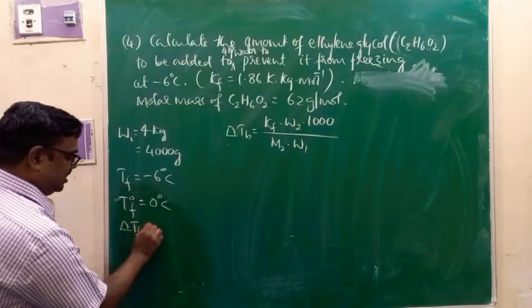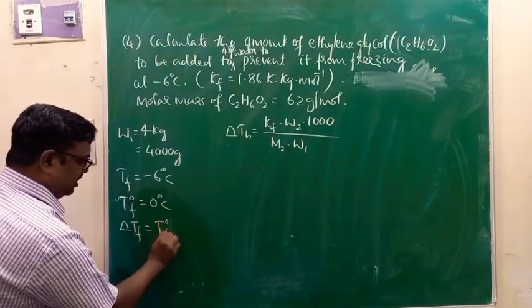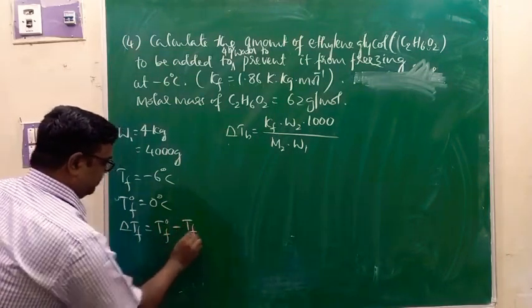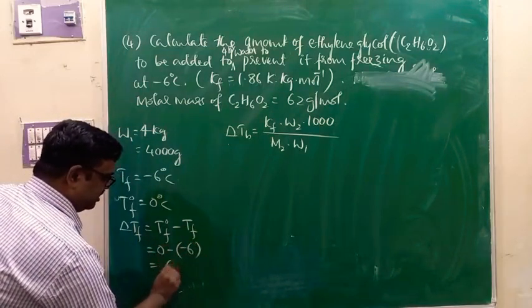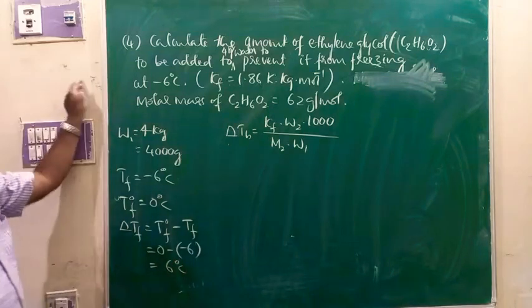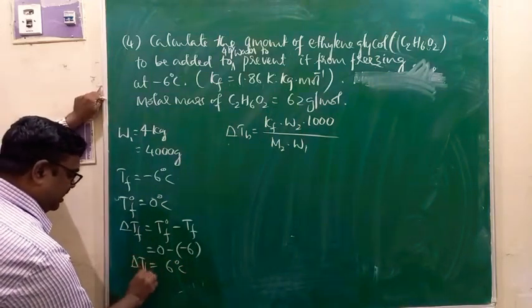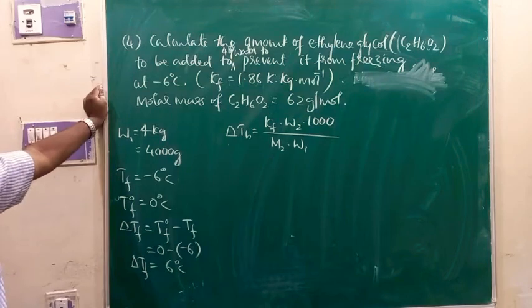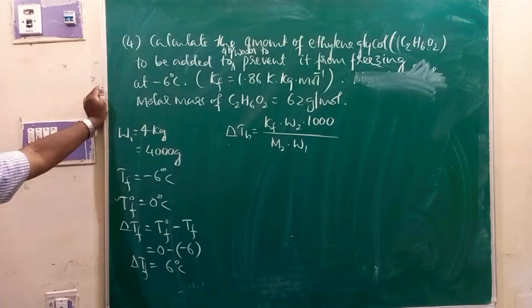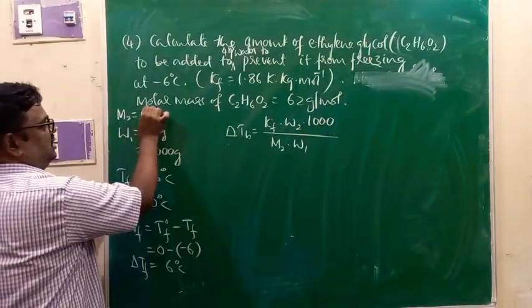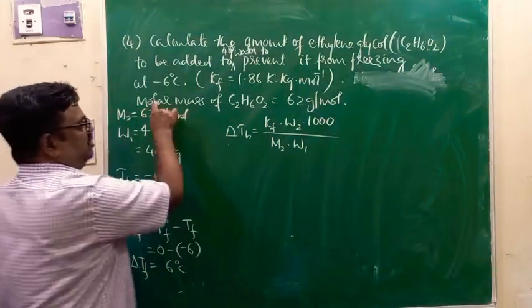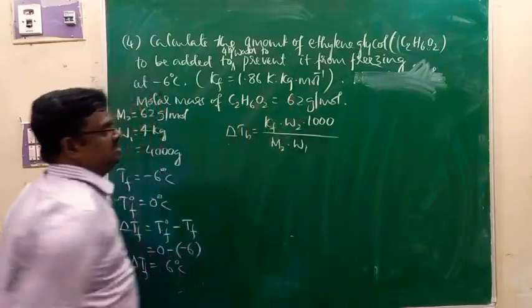Therefore delta Tf, that is Tf not minus Tf, is 0 minus -6, that comes out to be plus 6 degrees Celsius or 6 kelvins, right? And mass of solute you are supposed to calculate, right? Molar mass of solute, they have given, 62 gram per mole. Molar mass of C2H6O2 is 62 gram per mole.